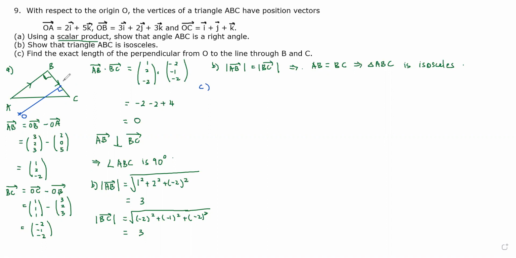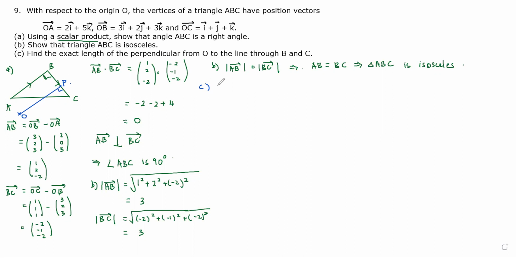In order to do that, we need to find point P, and P is on BC. What we could do is find the equation of the line passing through BC first. As long as we can find the vector equation of the line passing through BC, then we can find the coordinates of point P or vector OP.